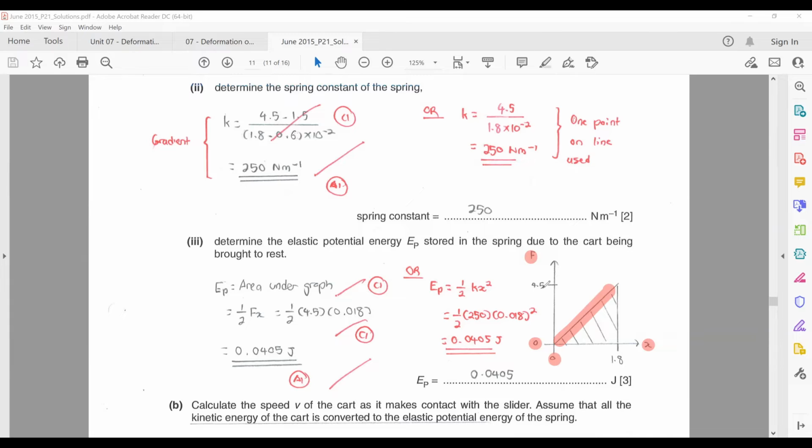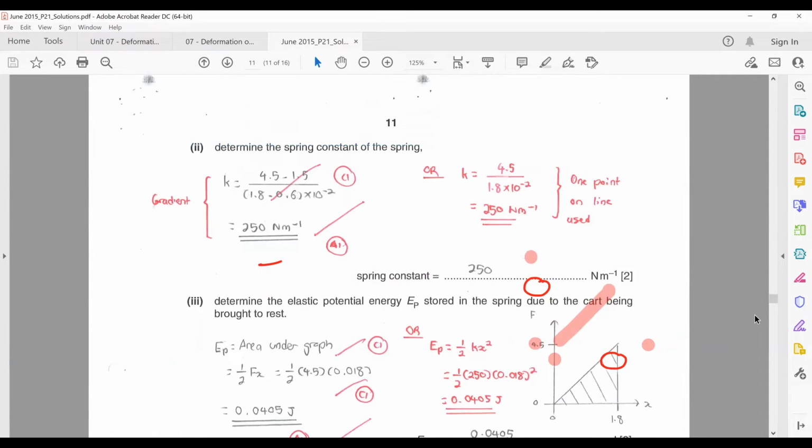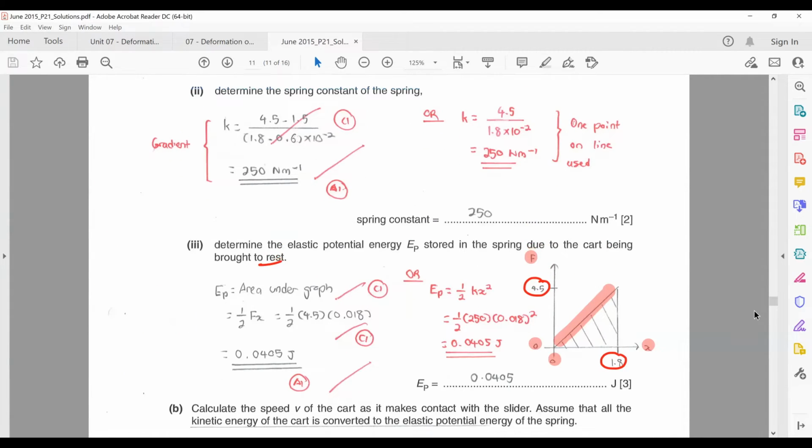So your cart stops when the force is 4.5, and when the force is 4.5, the compression is 1.8 centimeter. So the EPE is just the area under this force extension graph. EPE is the area under the graph, half Fx, half 4.5 times 1.8 centimeter changed to meter.